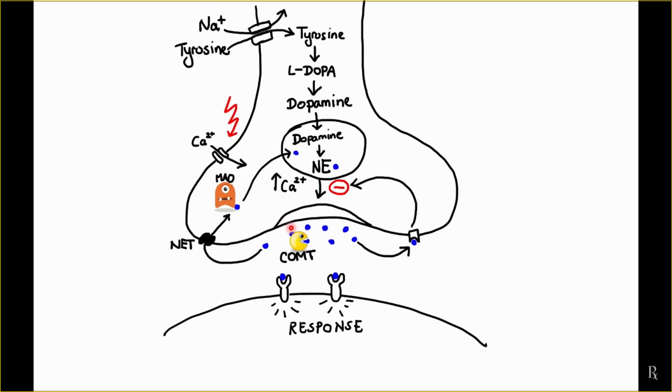Further, this norepinephrine can be destroyed by catechol-O-methyltransferase, that is a specific enzyme that will destroy catecholamines, or can be reuptaken from the synaptic cleft by the norepinephrine transporter, and further destroyed by monoamine oxidase, that is an intracellular enzyme, or can be stored in the vesicles directly.